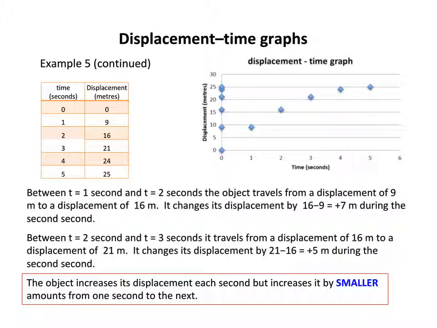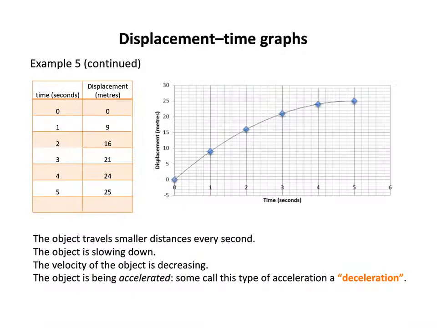The object increases its displacement each second, but by smaller amounts from one second to the next. What does this mean? It means that the object is slowing down, or the velocity of the object is decreasing. We still say the object is being accelerated, but some call this type of acceleration a deceleration.